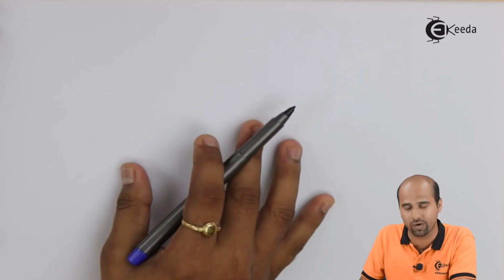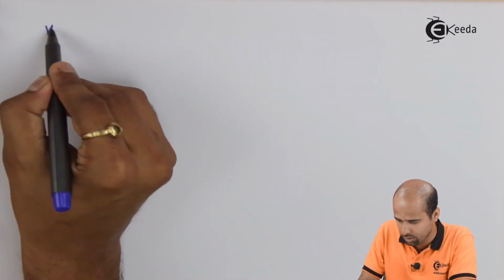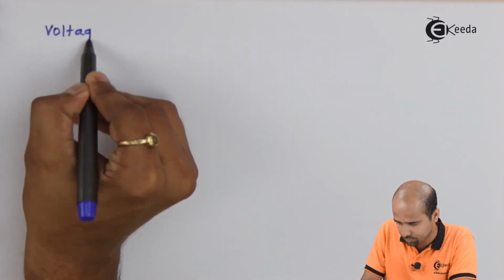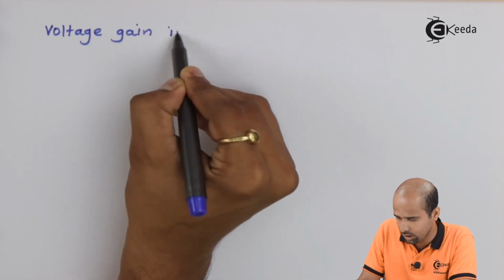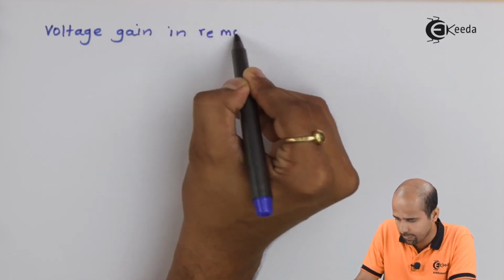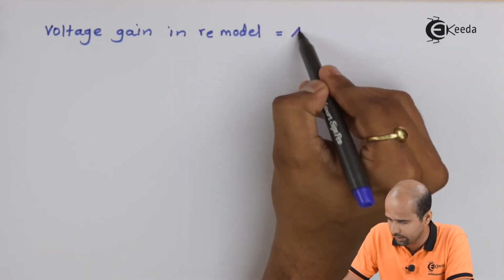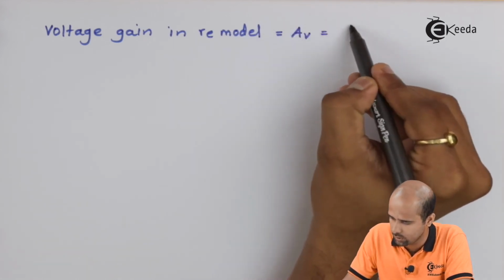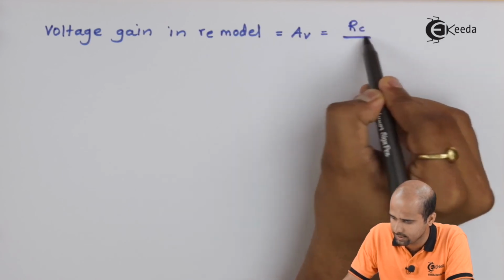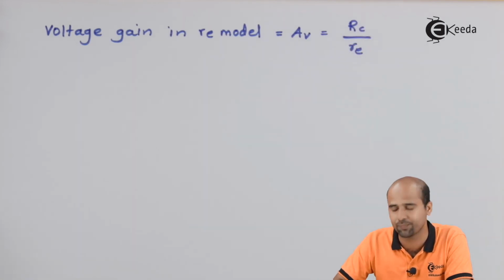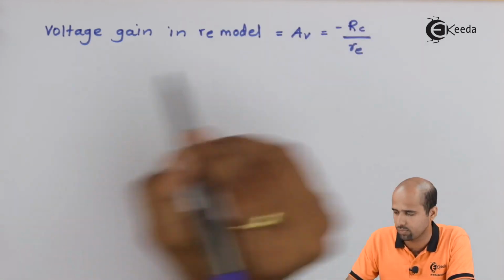See, I'll give you one example. For example, your voltage gain in re model is equal to, let's say, Av is equal to Rc divided by small re, minus, obviously.